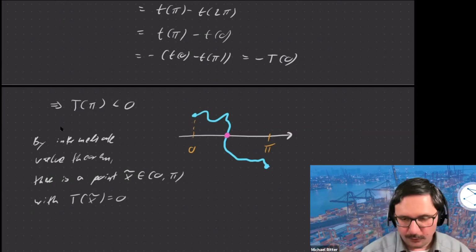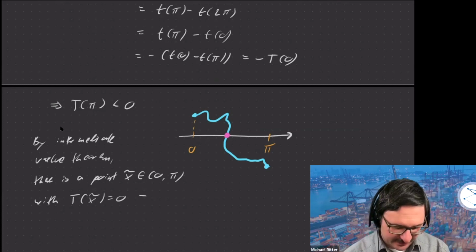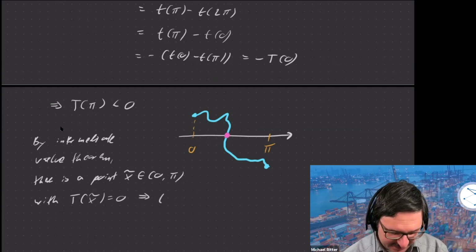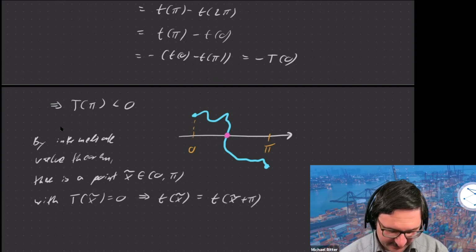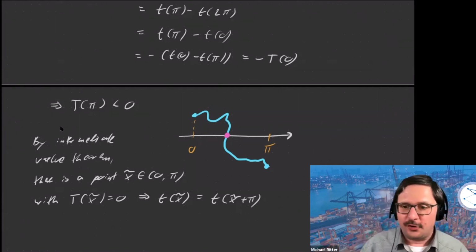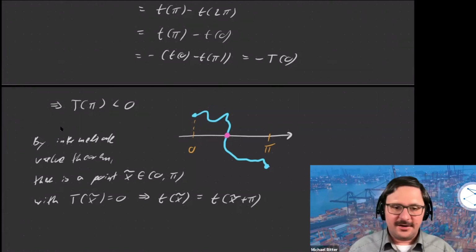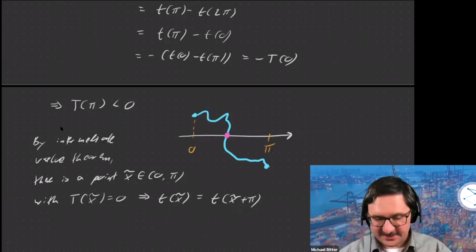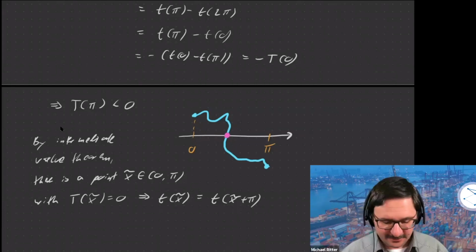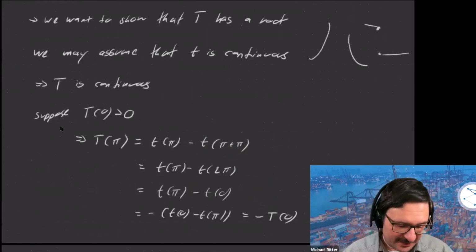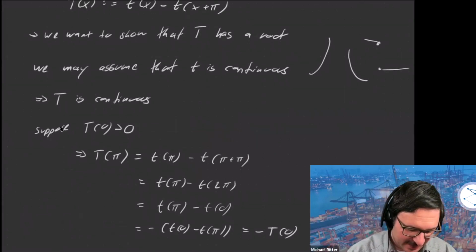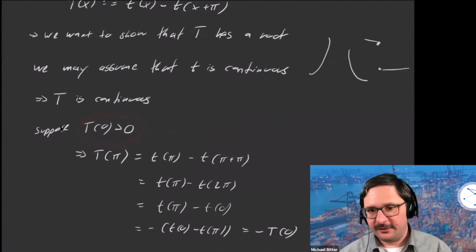So that's one root of that function. And that, of course, means that the temperature at x tilde is the same as the temperature at x tilde plus pi. So we have found this point such that the temperature at the antipodal point is exactly equal to that. And of course, that did depend on the assumption that T of 0 was positive.